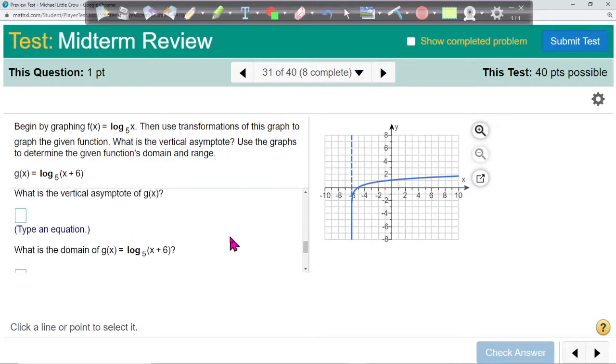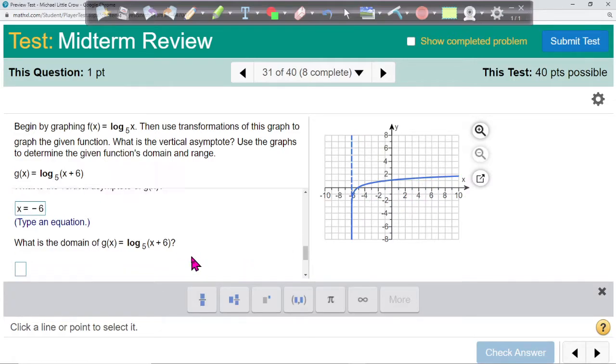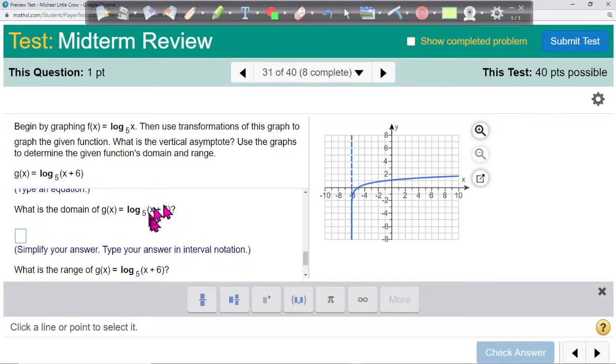Let's see what else. What is the vertical asymptote? The vertical asymptote is x equals -6. What is the domain? Well, the domain are the x values, so there's nothing below -6. There's no graph here, so it's -6 and forward, and -6 itself is not included. So it said x plus 6 has to be greater than 0. That's what the domain is.